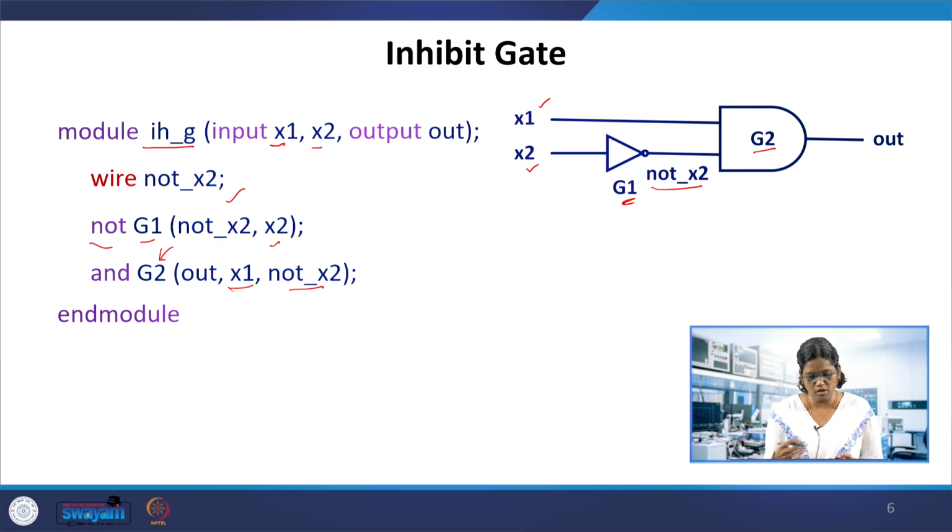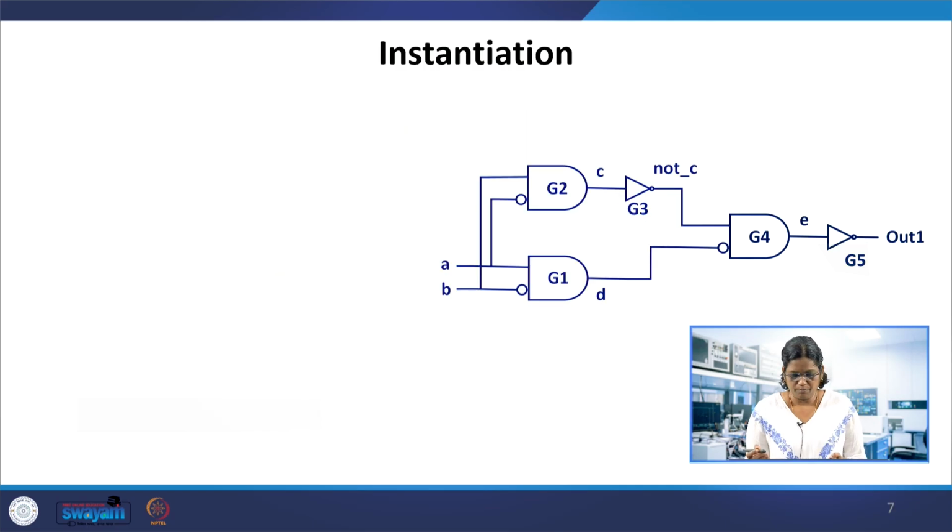How do we call this gate, the IHG module, in another module? That we will see now. If we take a circuit having this type of gates, you can see in this particular circuit one inhibit gate G1, another inhibit gate G2 and another inhibit gate G4. G3 and G4 are normal inverters there.